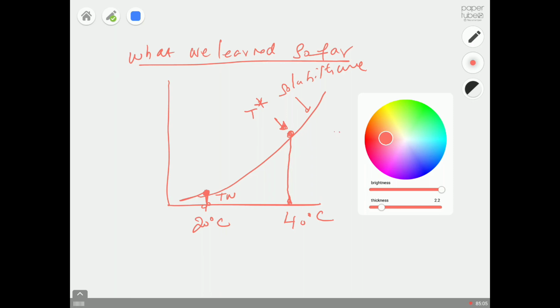Let me remember what we did before. Let's say in this experiment we can dissolve 30 grams per liter at 40 degrees centigrade. So that is here.